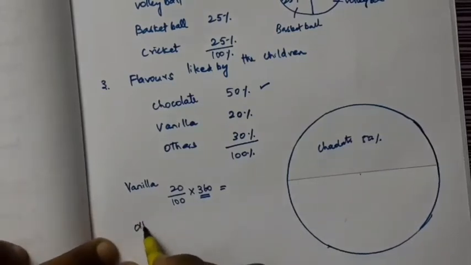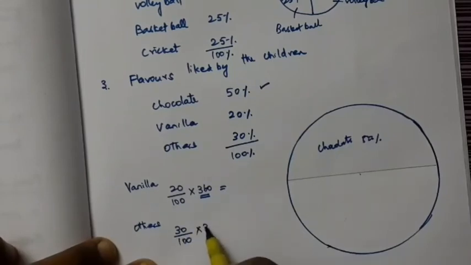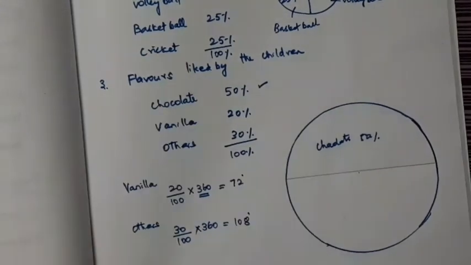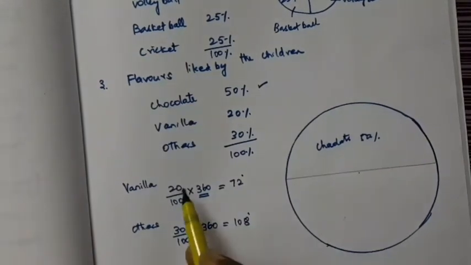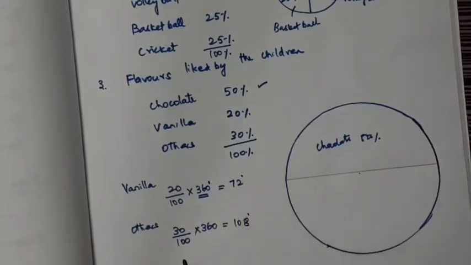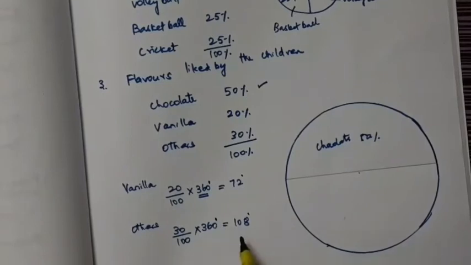So for others, that is 30: 30 divided by 100 multiplied by 360. If you calculate 20%, that is 20 divided by 100 multiplied by 360, where 360 is the total angle, it gives 72 degrees. Similarly, 30% of the total angle 360 is 108 degrees.